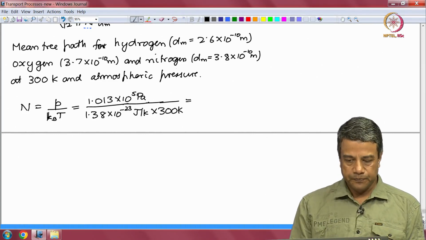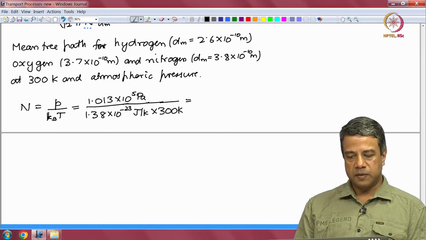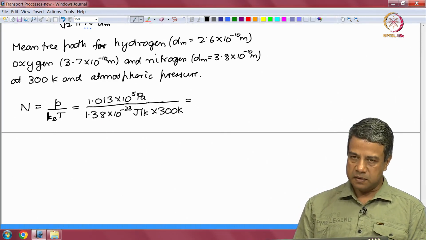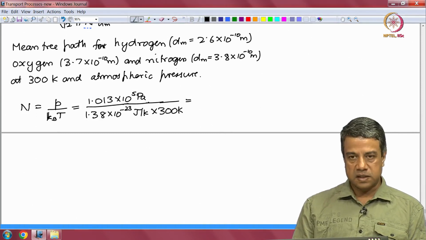This will have dimensions of 1 over meter cubed, because Pascal is force per unit area and joules is energy.